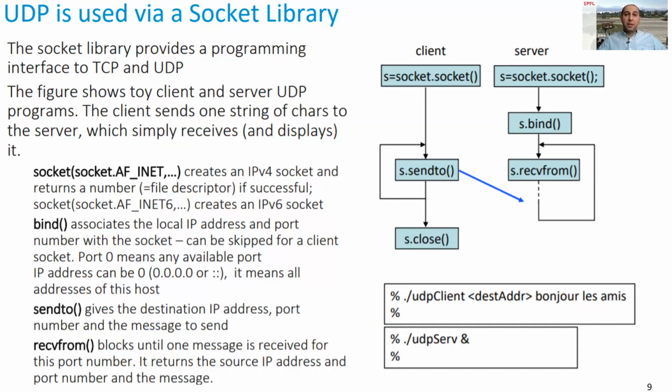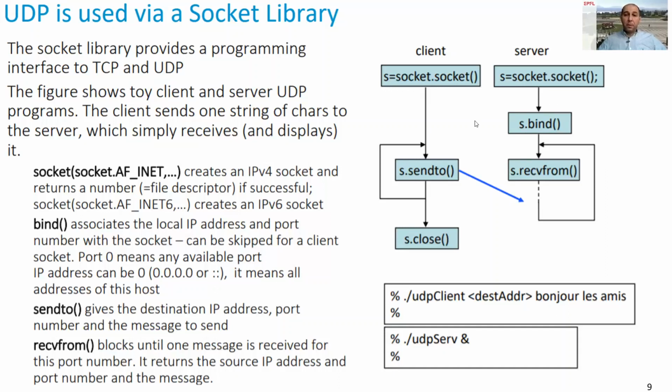Think about your laptop: you have one Wi-Fi and one wired interface. With the function bind, you can specify whether you would like to listen on all interfaces that you have, or on only one of these interfaces.